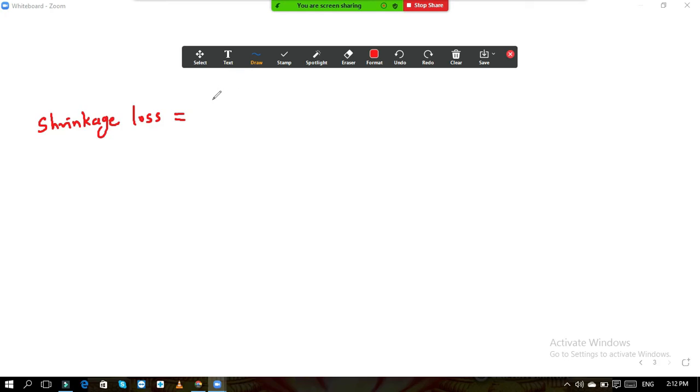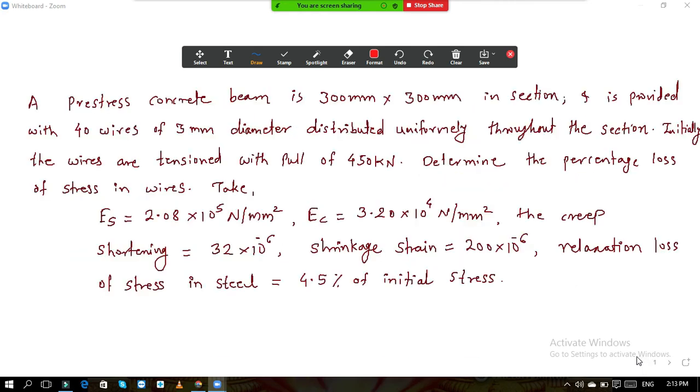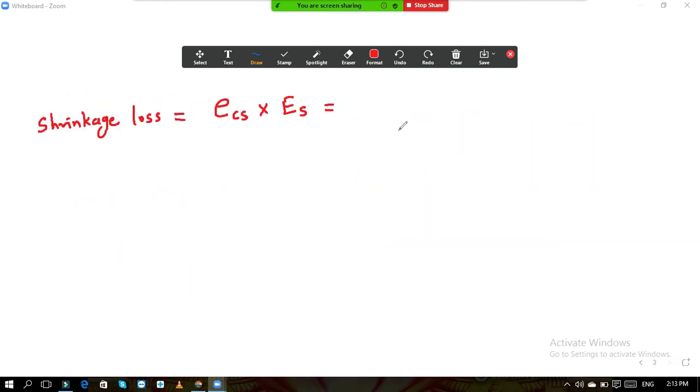It is equal to shrinkage strain, that is ECS into ES. This is our formula. What is the value of ECS given in the problem? This is the value of shrinkage strain, 200 into 10 raised to minus 6, into ES.